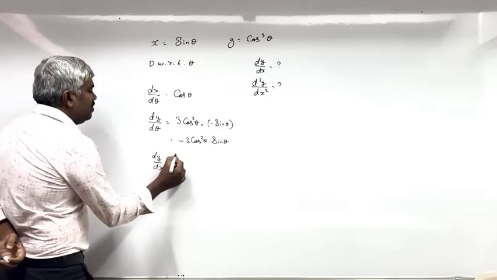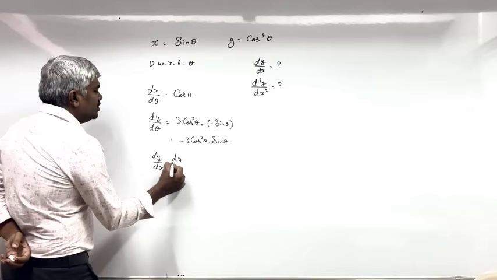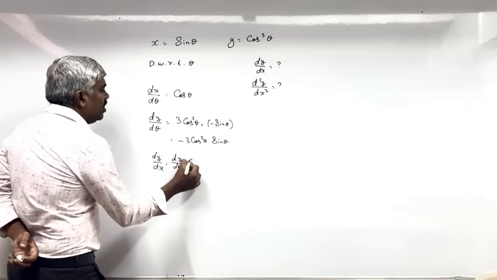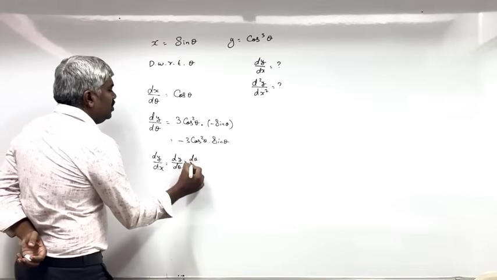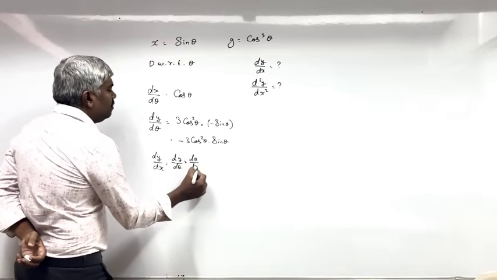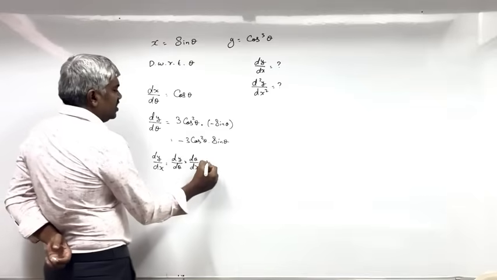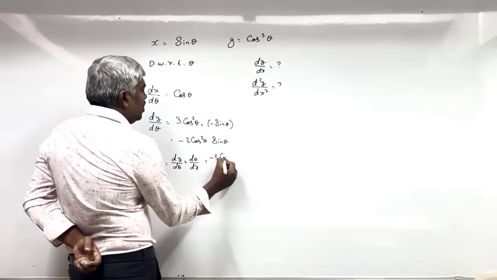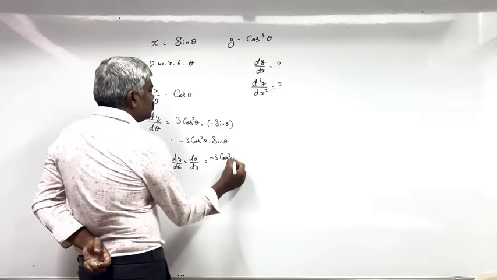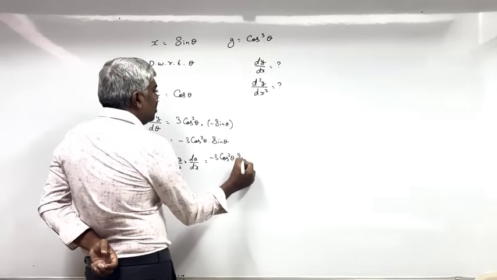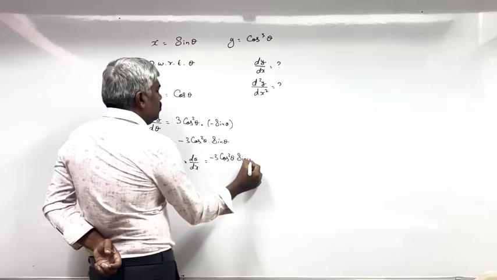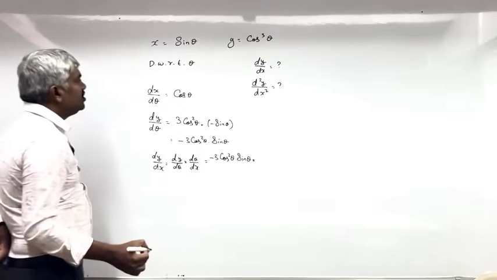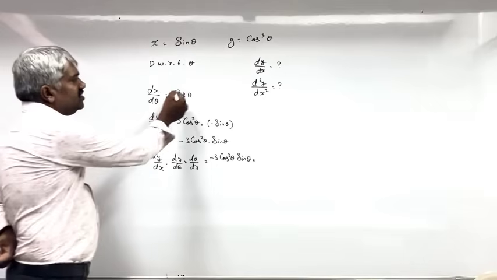Right? We need to find dy by dx. So dy by dx is dy by d theta into d theta by dx, minus 3 cos square theta into sin theta. What is d theta by dx?